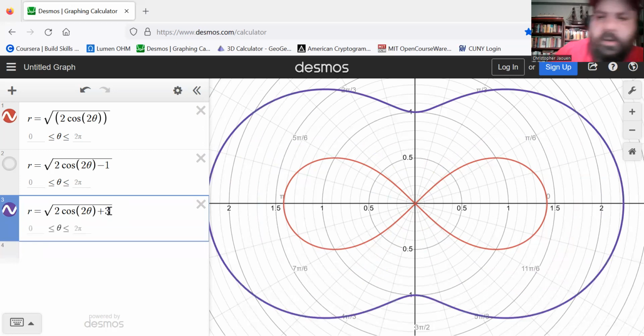For a value like 3, notice that actually this is not a lemniscate. It contains the lemniscate, but the value 2 cosine 2 theta plus 3 is never 0, so it doesn't curve back down to the pole. So for values of the constant bigger than 2, you'll get something that is no longer a lemniscate, but it contains it, if that makes sense.